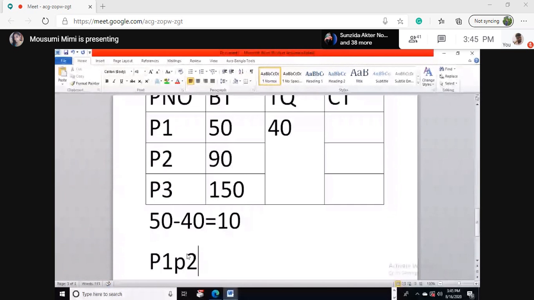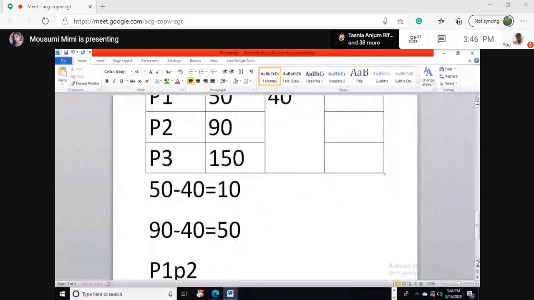For process 2, total burst time is 90 and my time quantum is 40. So 90 minus 40 equals 50. So 50 seconds remain for process 2.